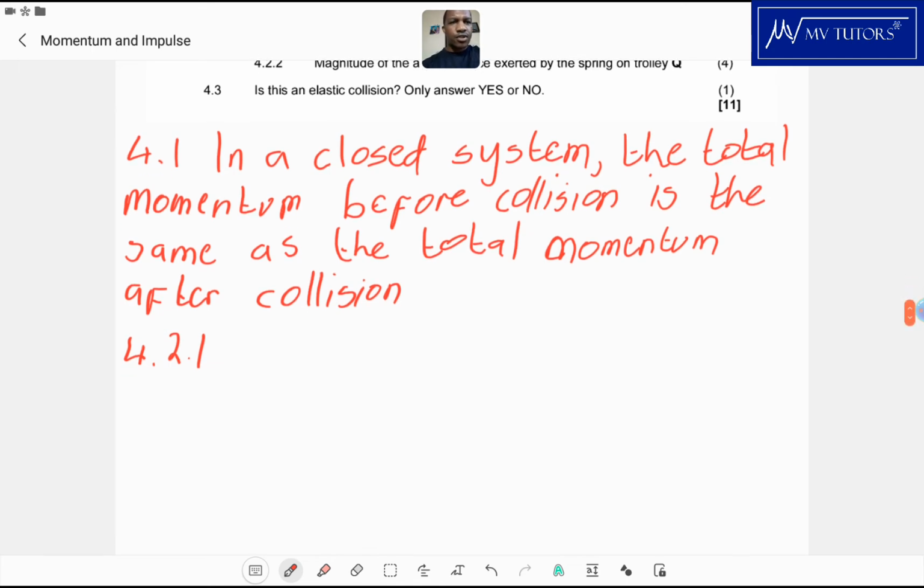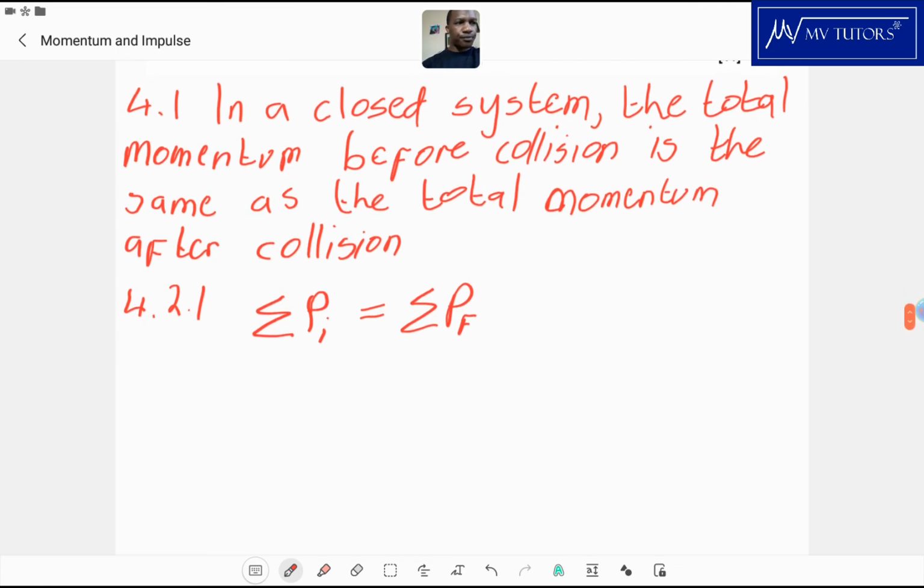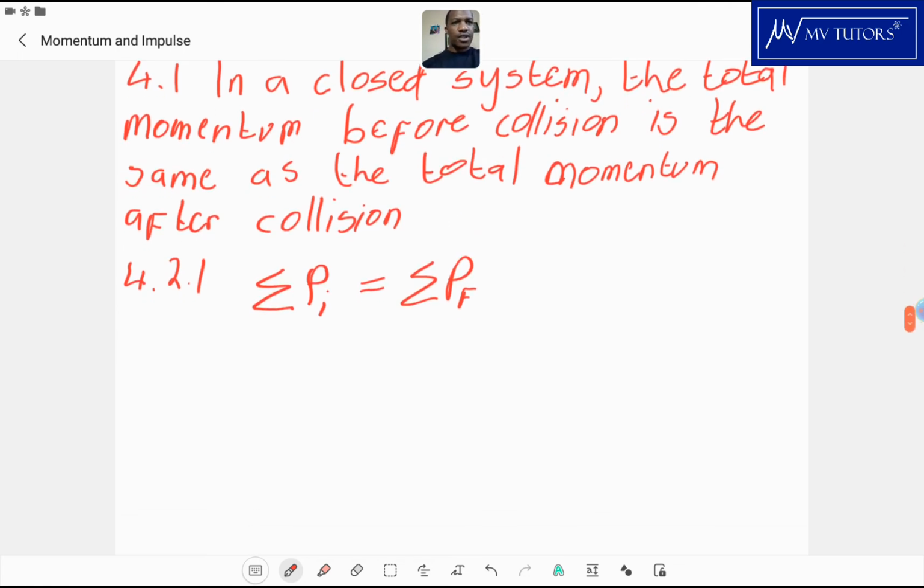We're going to say the sum of the initial momentum is equal to the sum of the final momentum. It's the same as saying the momentum before and the momentum after collision. Now we're going to put them individually.